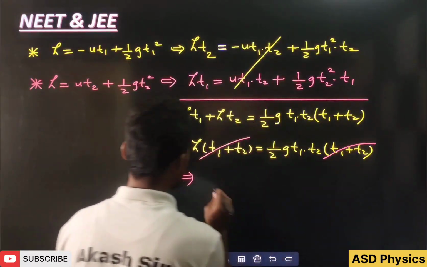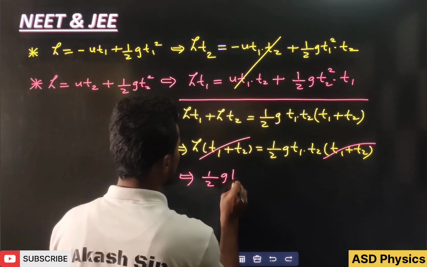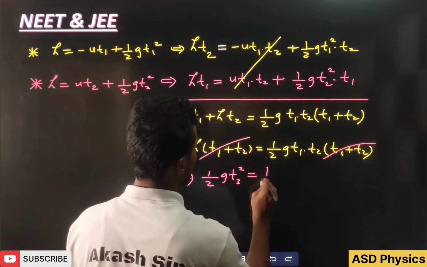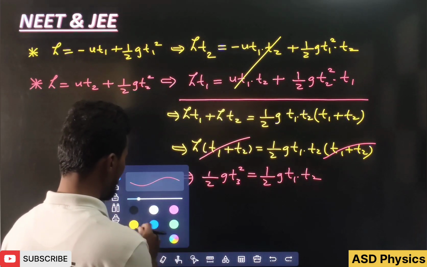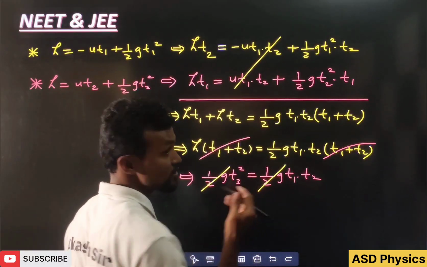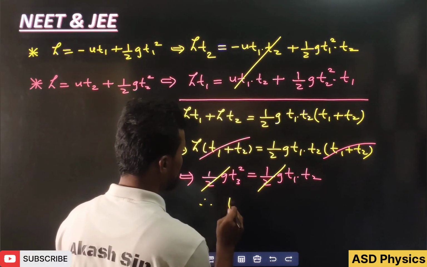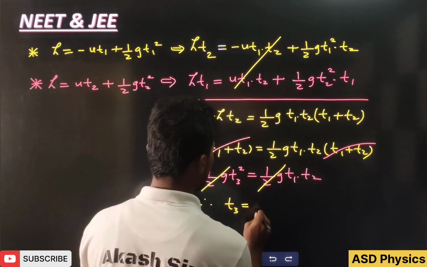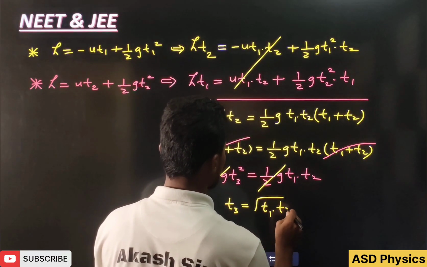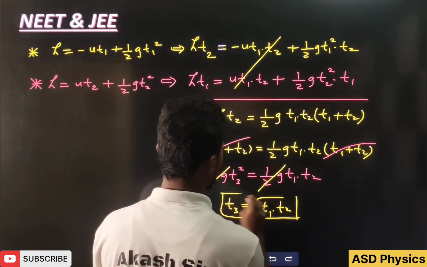So half g t3 square is equal to half g t1t2. Half g and half g also cancel. That means t3 square equals t1t2, so we can write t3 equals root of t1t2. That is the formula.